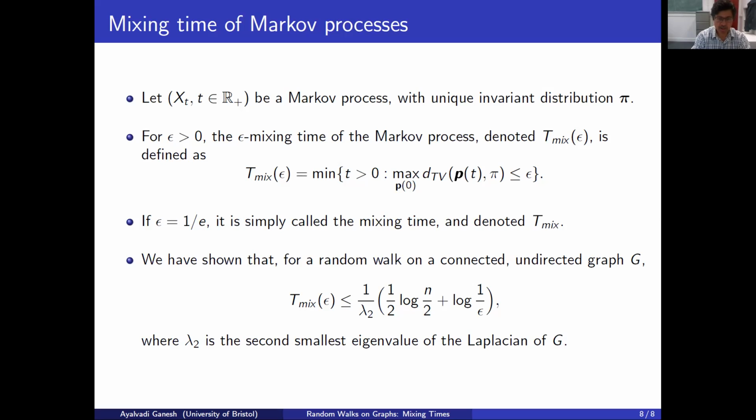I just want to make a couple of remarks. We focused on analyzing the mixing time for random walks on a graph, but all the definitions carry through for general Markov processes. And it's in that context that this problem is very interesting and important. There's a whole class of techniques for sampling from a given distribution.